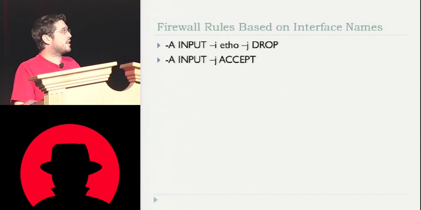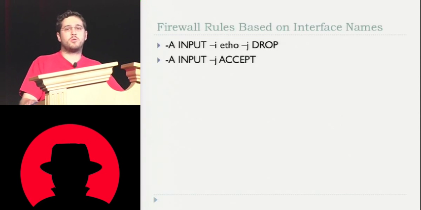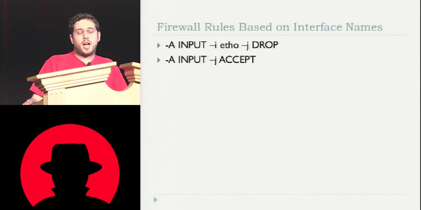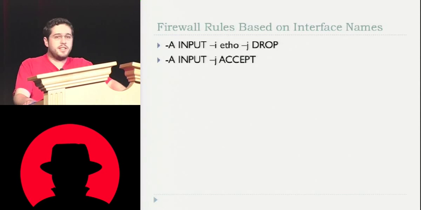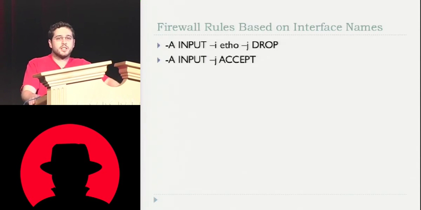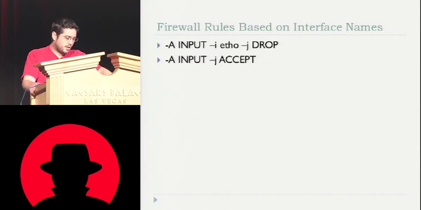Now, anyone who's looked at OpenWRT's firewall rules knows this is extremely simplified. But basically it says, okay, ETH0 is my WAN interface. I don't want people connecting in from the WAN. So anything that comes in on ETH0, drop it. Everything else we'll accept because that's our internal interfaces. That's fine. And there's nothing really inherently wrong with this.